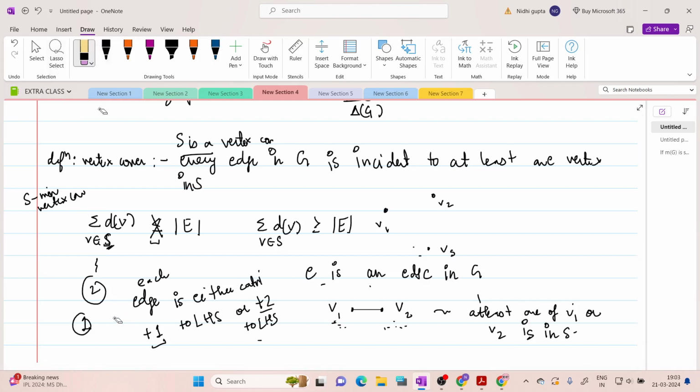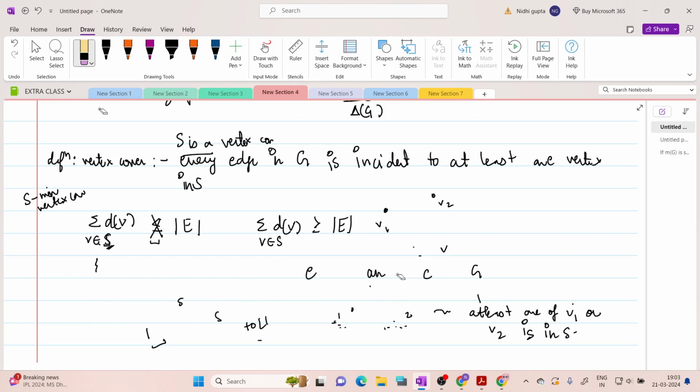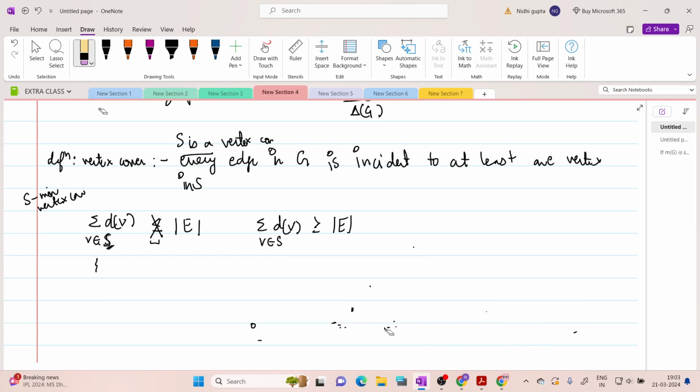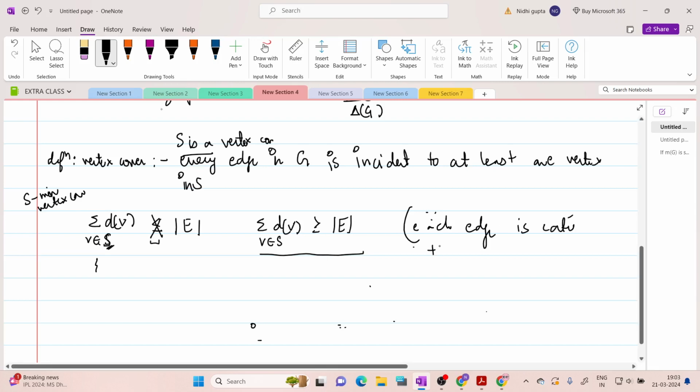So we have shown this. Is this statement clear to everyone? Yes, because each edge is contributing plus 1 or plus 2 to the LHS.